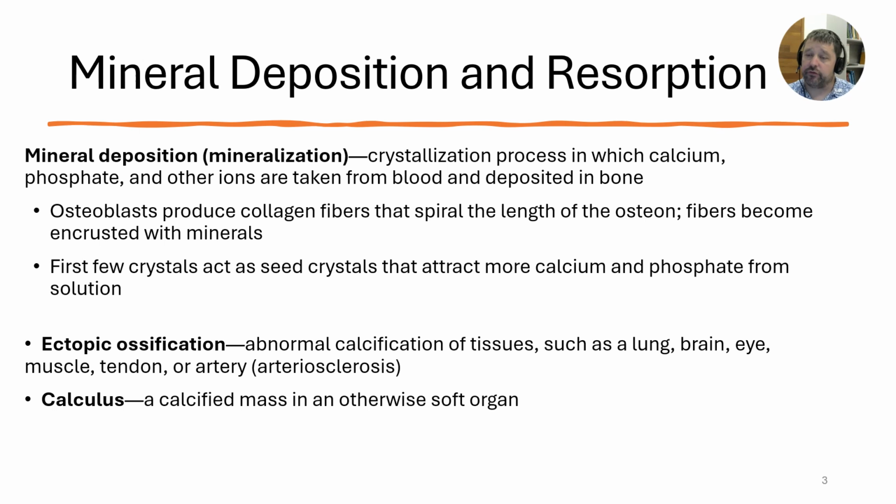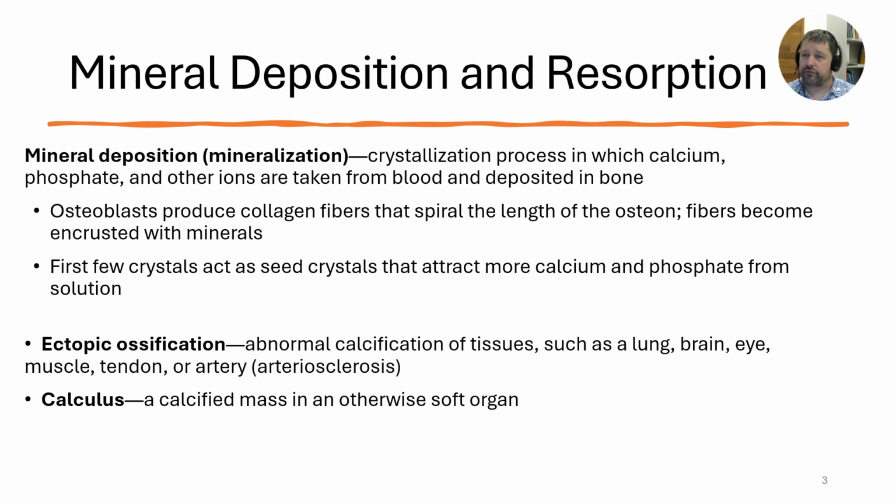Now you can have situations where you might have too much calcium in your body. And this might happen as you get older. Maybe if you continuously drink a lot of milk, or if you have a disorder, it is possible that you can get calcification of other tissues.